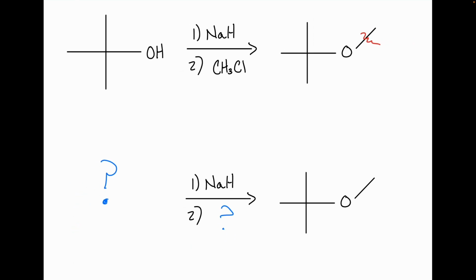Or I could say that my new bond was on the other side here. So this would mean that my alcohol was that methanol, and my alkyl halide would be the bigger chunk. In theory, both of these would produce that same product.